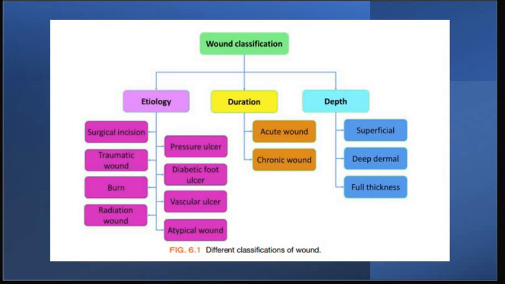If the wound is formed after some surgical process, then we label it as surgical incision. Like the wound formed after a C-section, or after any type of surgery, the wound formed over that respective area, we label as surgical incision. The wound that is formed after trauma, we label as traumatic wound. The wound that is due to a burn, we label simply as burn.